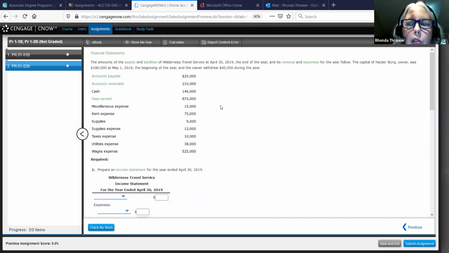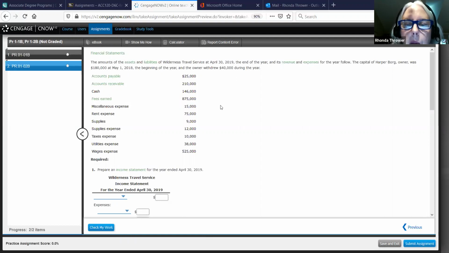When we prepare financial statements, we're going to prepare them in an order. The reason that we prepare them in a certain order is because one financial statement will feed into the next financial statement. The very first financial statement that we always prepare for a company is the income statement.